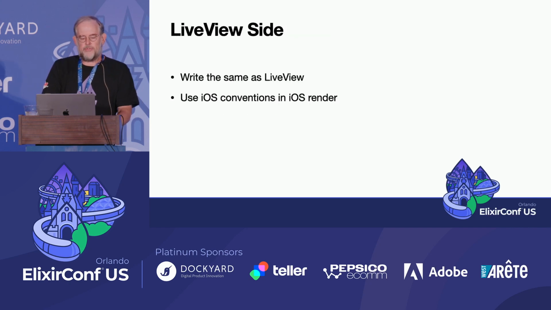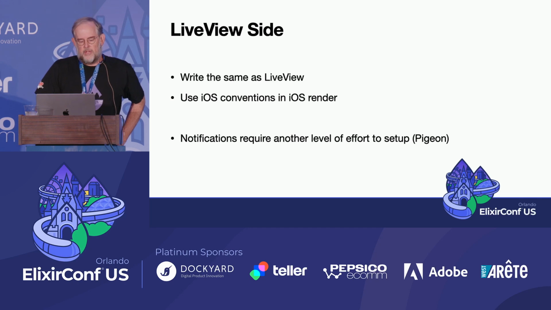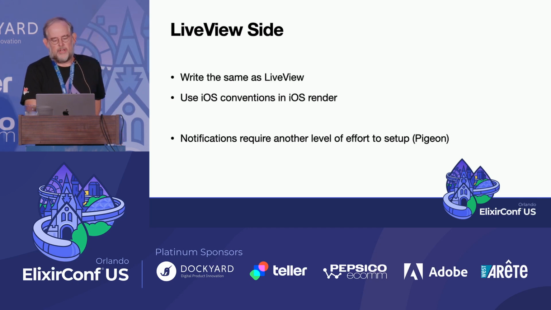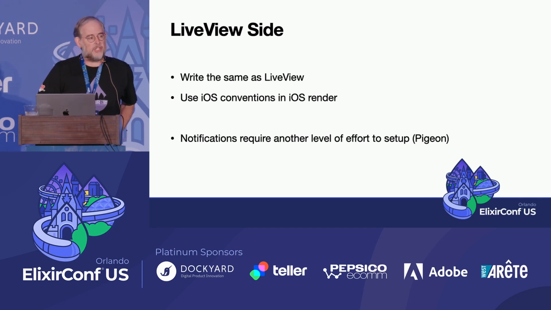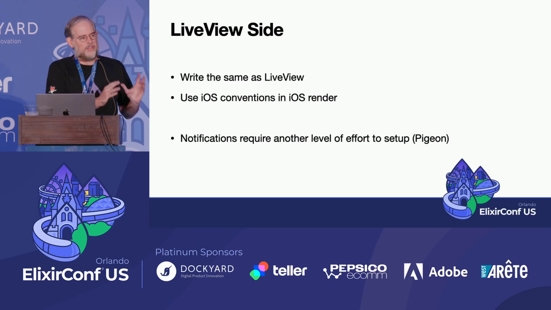So on the LiveView side, you write the same as you do your LiveView, and you use iOS conventions in the iOS render. So notifications require another level of effort to set up, which is Pigeon, and we were crazy enough to say, let's do our notifications first, and then work on our LiveView, and it took like 95% of our time to get notifications working because that was all in the iOS system. So it took forever.